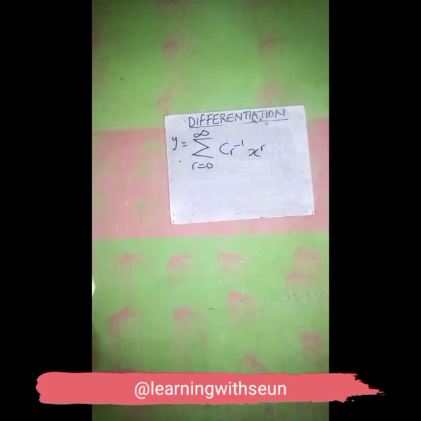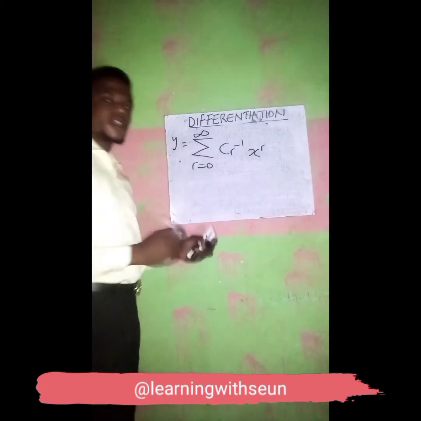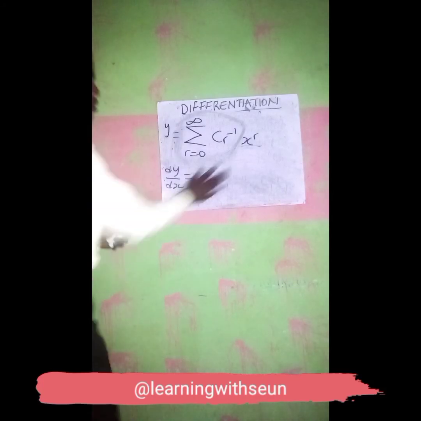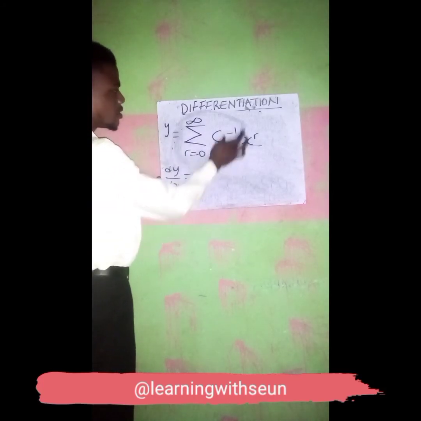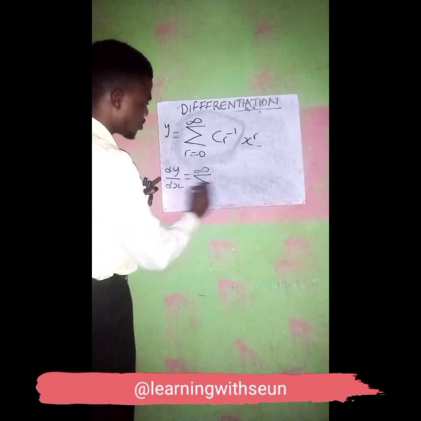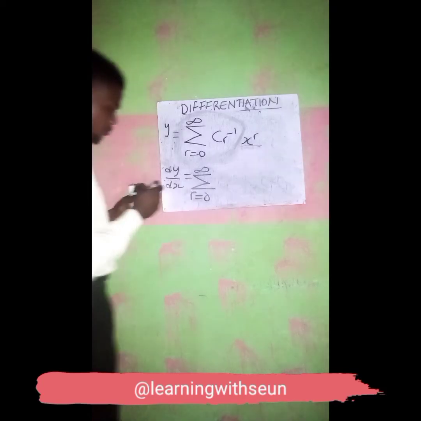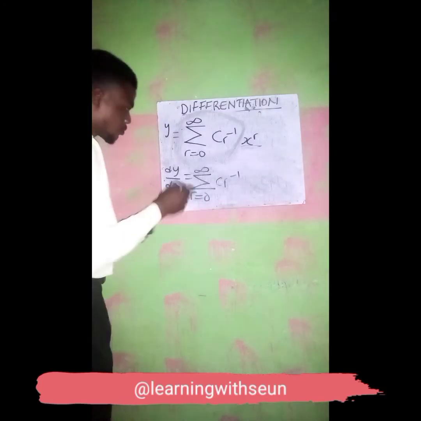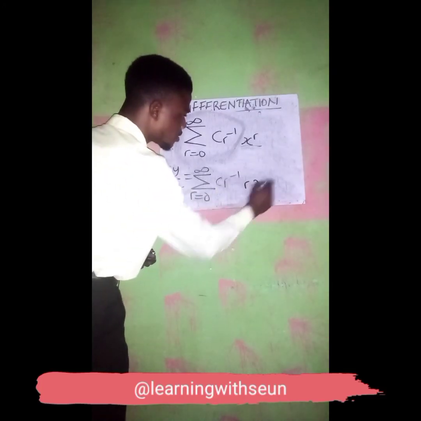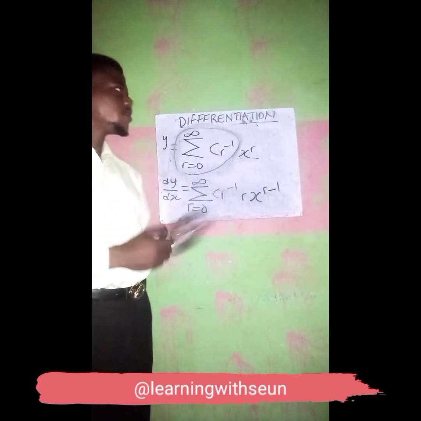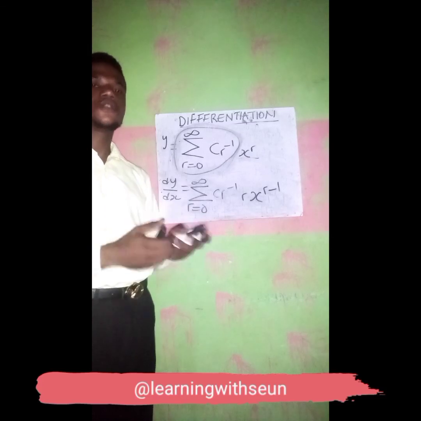This question is very, very straightforward. You are finding dy over dx. To solve this question, repeat everything that is here and differentiate this. So we have the infinite summation from r equal to 0 of c r raised to the minus 1, then differentiate x raised to the power r, which gives x raised to the power r minus 1. This is how to differentiate. This comes under the definition of a polynomial function.